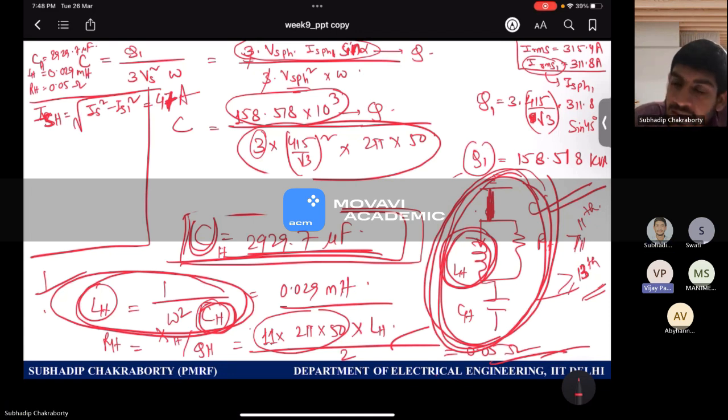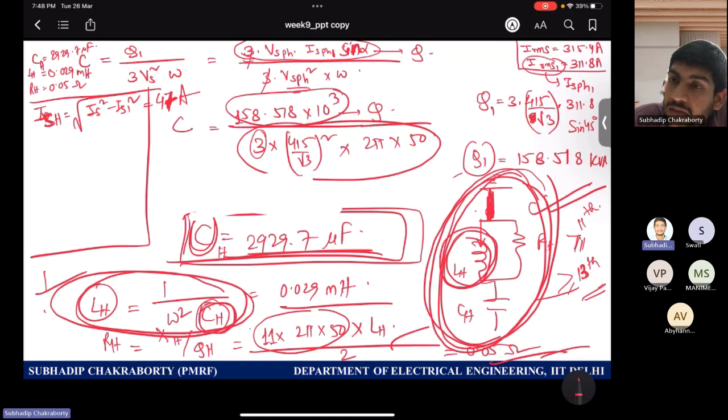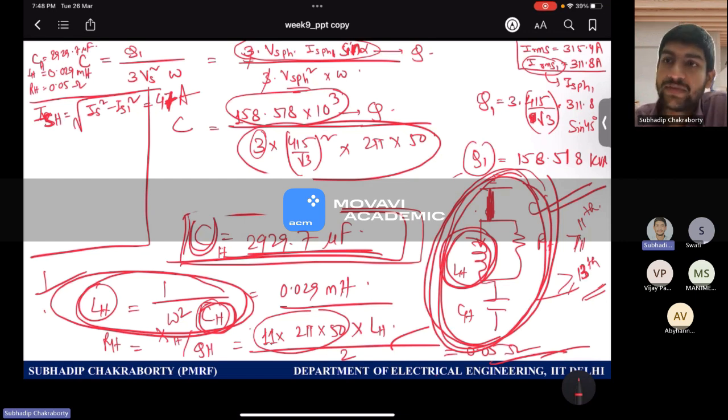So that is without filter, sir? No. The RMS value of the supply current without filters, minus the RMS fundamental value of the current, will give you the harmonics RMS value. That is why I am writing ISH.